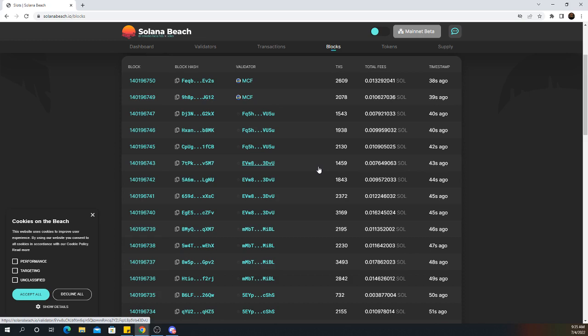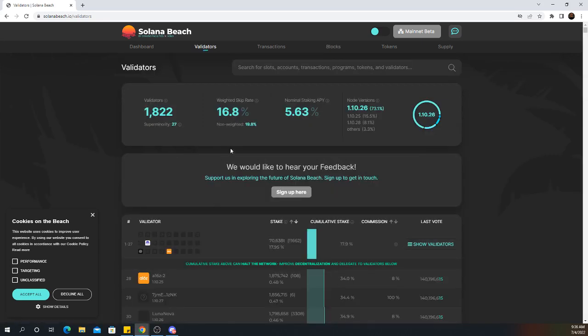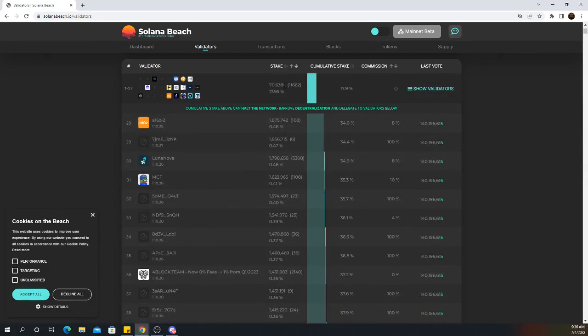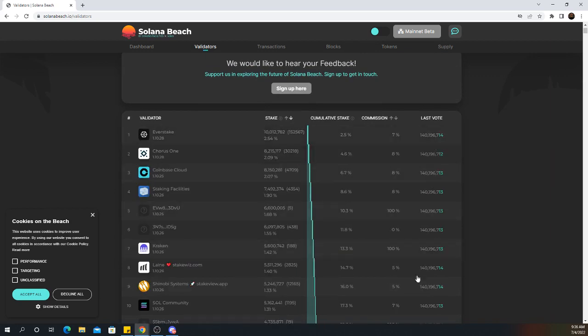But when hyped mints were going on and bots were spamming tens of thousands of transactions, we'd run into an issue where those transactions could not get processed in time. We'd have 10,000 transactions, 100,000 transactions being sent per block, and these validators couldn't agree on which transactions were legitimate, right?